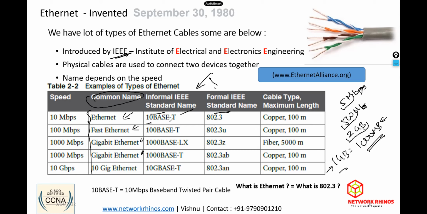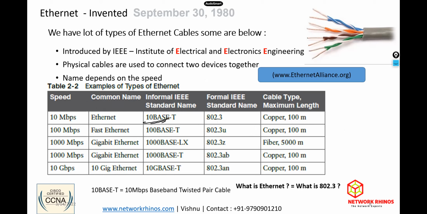So when I say 10BASE-T, it means Ethernet cable; 100BASE-T is Fast Ethernet cable; 1000BASE-T is Gigabit Ethernet; and 10GBASE-T means 10 Gigabit Ethernet. We can easily understand it.